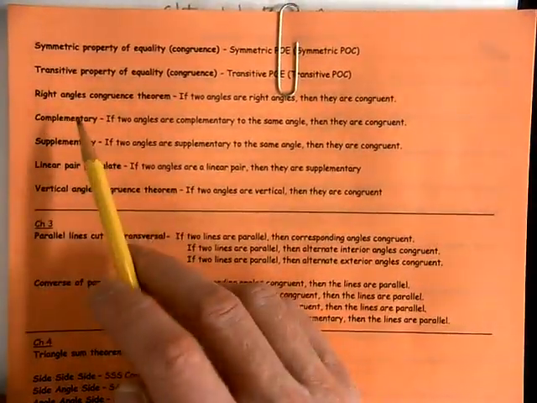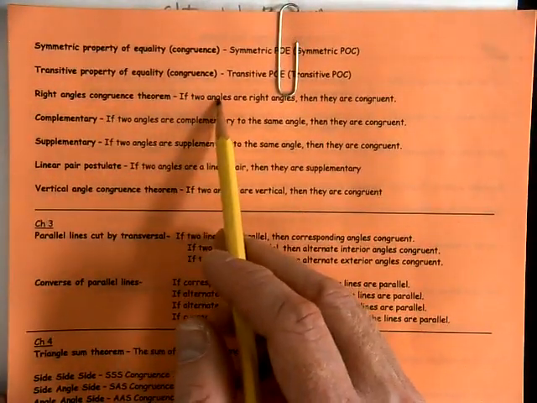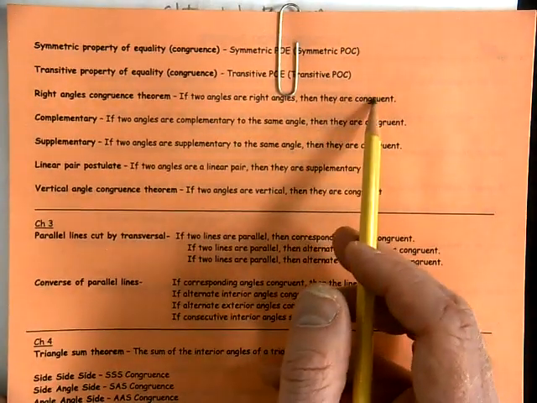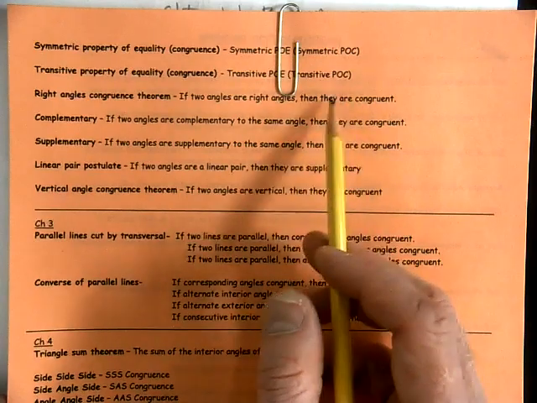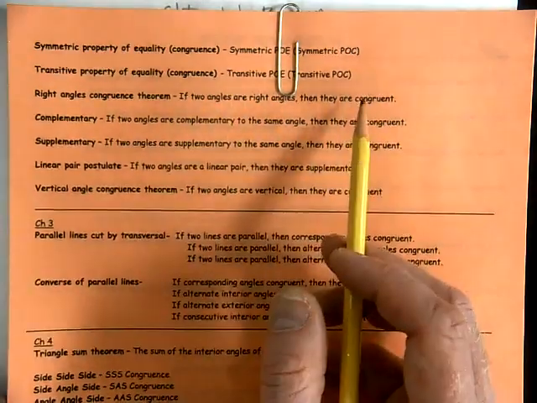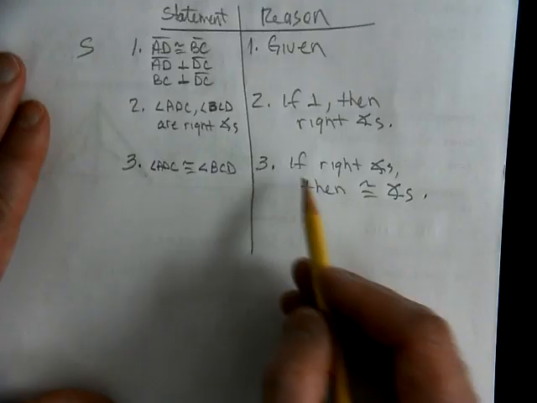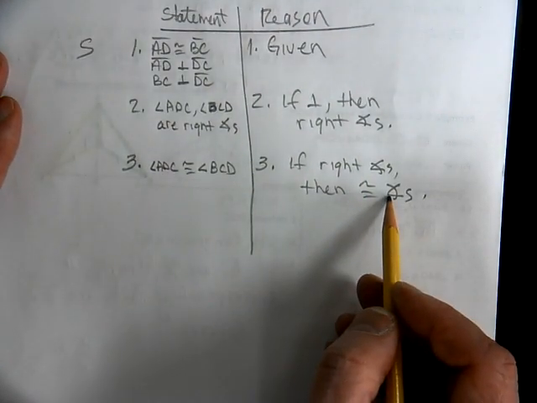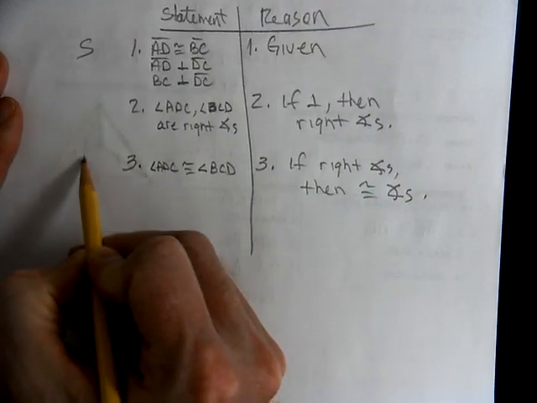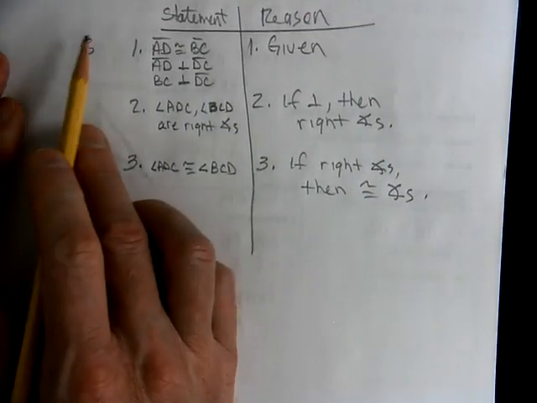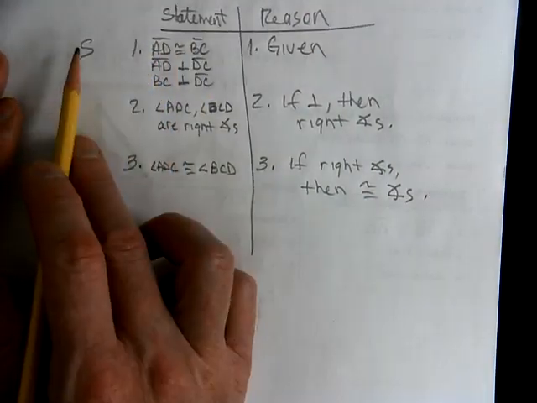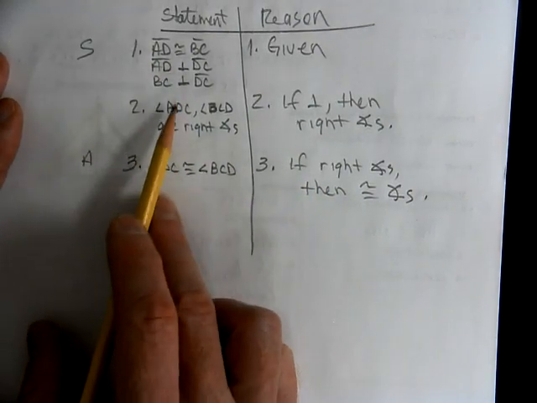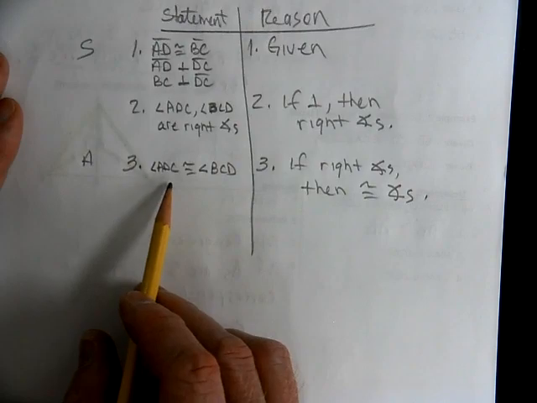We look on our sheet, if two angles are right angles, then they are congruent. If right angles, then congruent angles. That's what we're talking about. So that gives us an A. First we had an S from our given, an A from knowing what perpendicular created.